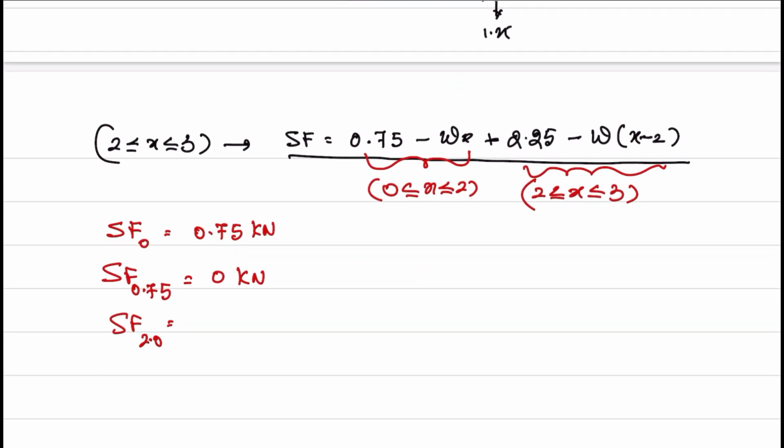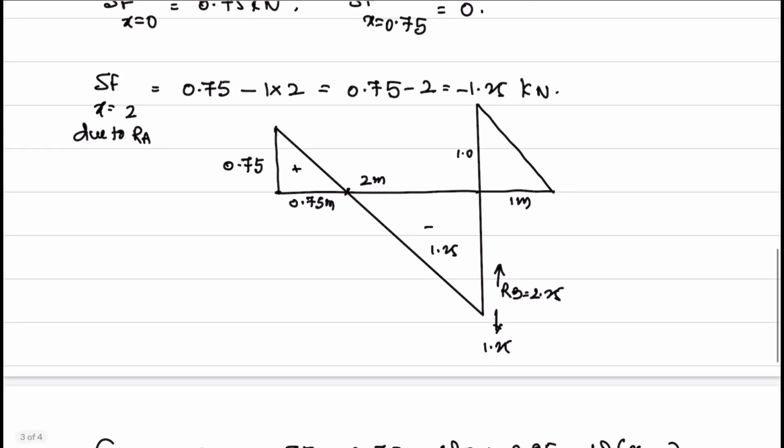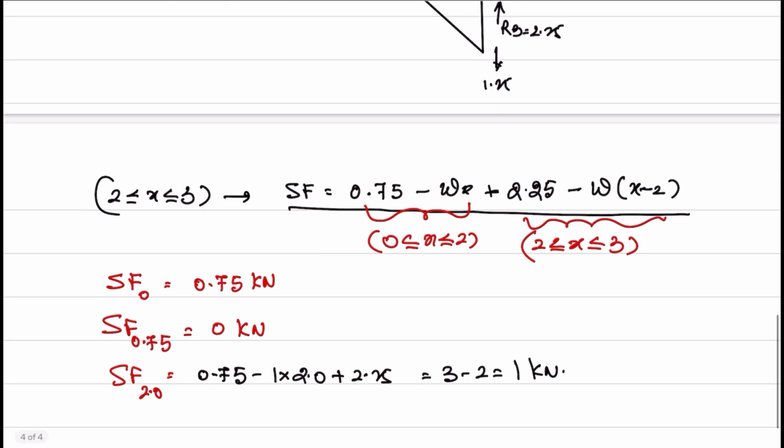And you put 2 in this equation, you will get 0.75 minus W is 1 into 2 plus 2.25. That is equal to 3 minus 2, that is 1 kilonewton. Here it is 1 kilonewton.